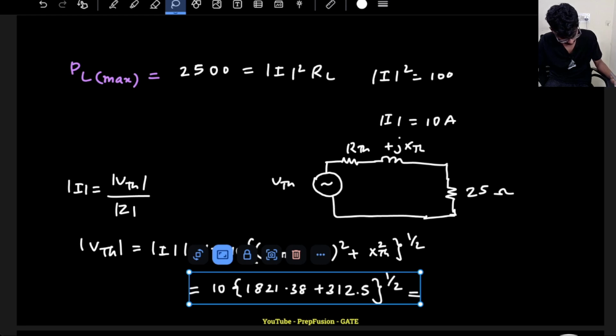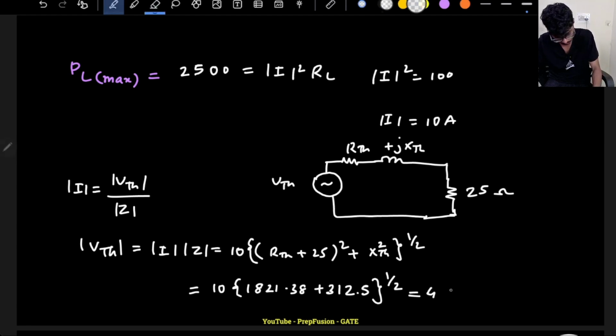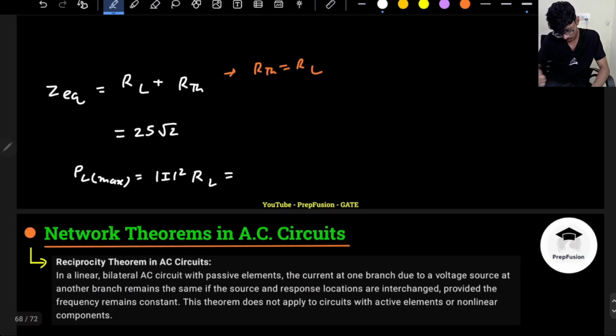So your magnitude of VTH comes out to be 400 and something, 462 volts. Okay, so I don't need the phase actually, I just need the magnitude. I will explain why.